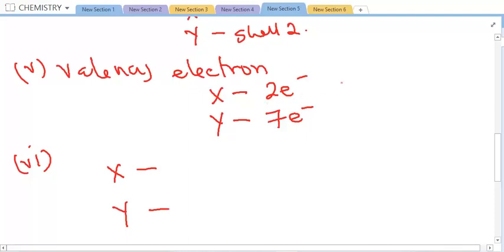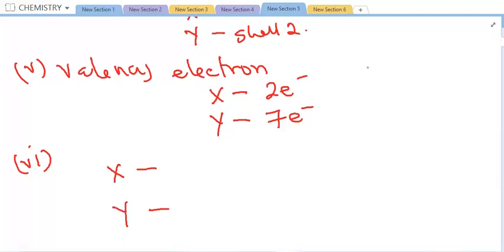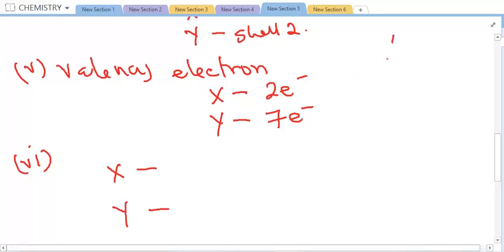Now, note something. The outermost electron or the valency electron of an atom can be 1, 2, 3, 4, 5, 6, 7, 8. Now, if you have 8, then you are stable as an atom.